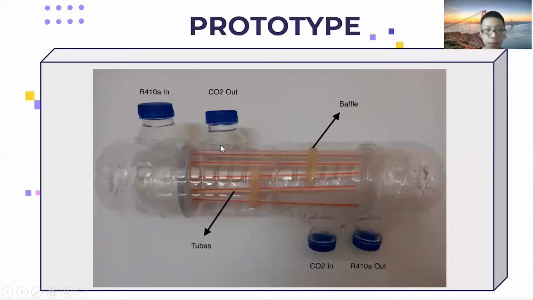Next, this is a prototype that we have produced. Our group's heat exchanger design prototype will be a little bit different, since for the commercial heat exchanger, there will be one side where the shell is situated inside the dimension of the pipe.